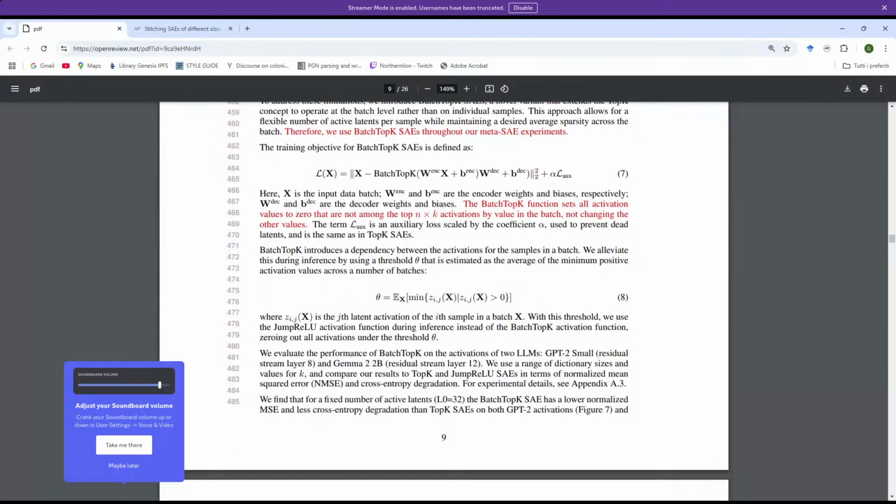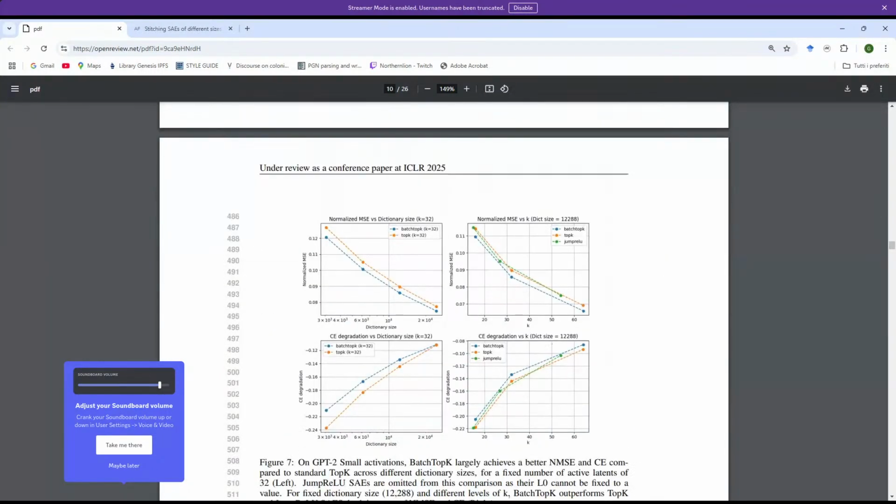And they basically show that it's just better than top K for everything that they tried. For the same dictionary size and the same average K, batch top K was even better than jump ReLU.